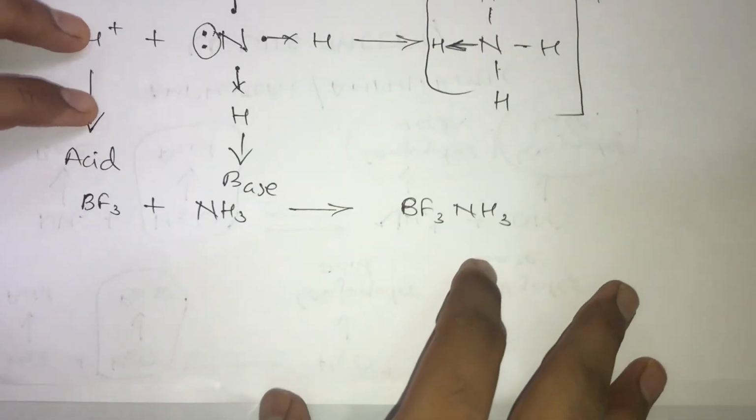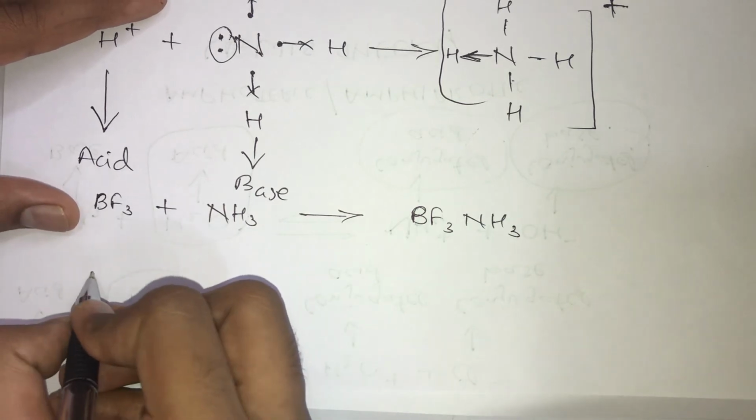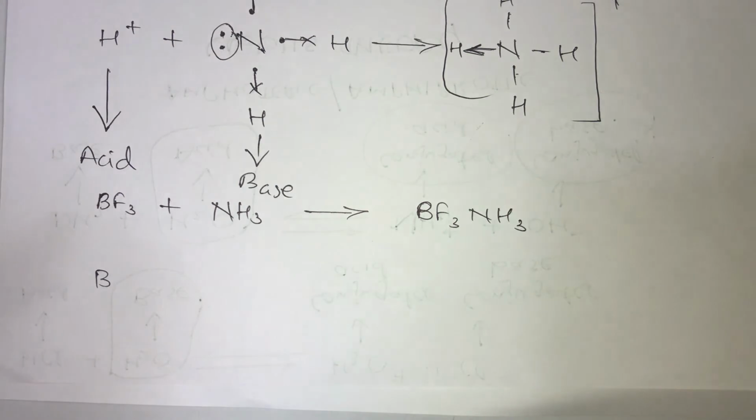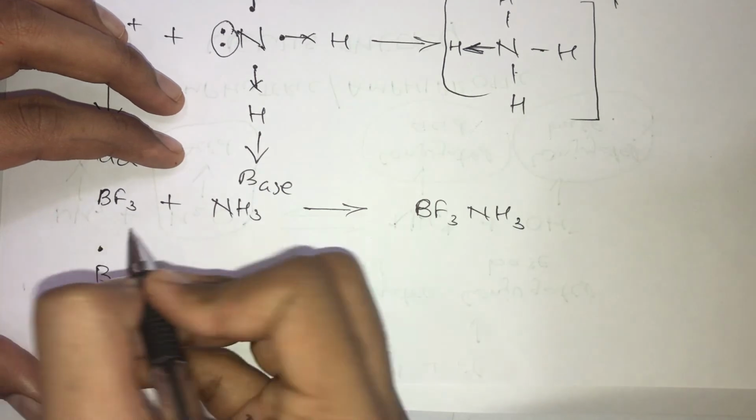Okay, so let me draw the diagrams over here. For BF3 we have a boron over here. Boron has 3 electrons in its outermost shell, so let me draw these 3 electrons.